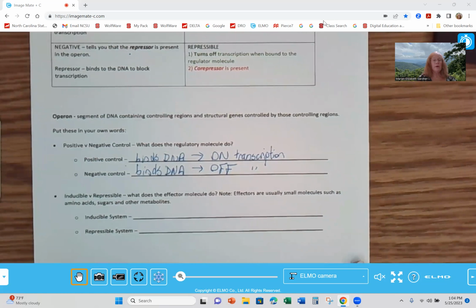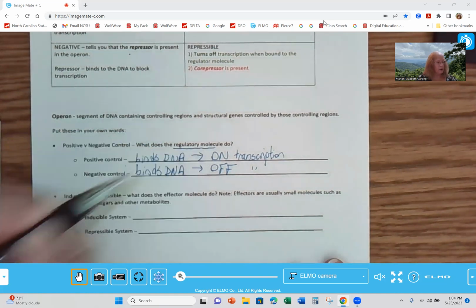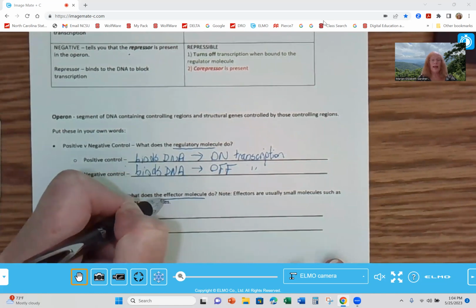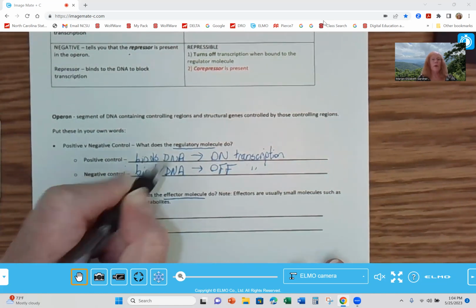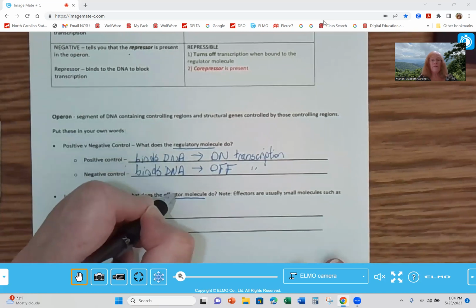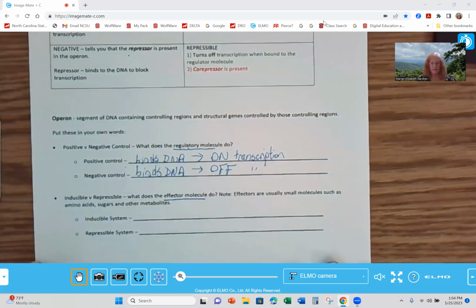And inducible and repressible, our second molecule, the effector molecule, typically it's a small molecule and it's going to interact with our regulatory molecule. So positive or negative, we're looking at a regulatory molecule. Inducible, repressible, we're looking at an effector molecule. Regulatory molecules bind to the DNA. Effector molecules bind to regulatory molecules.